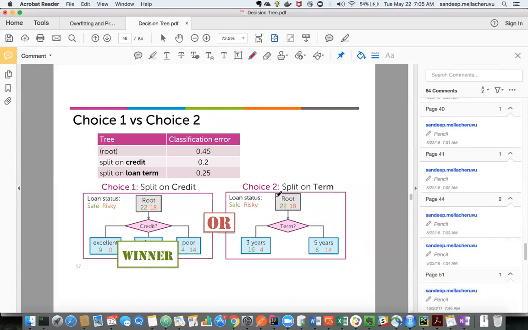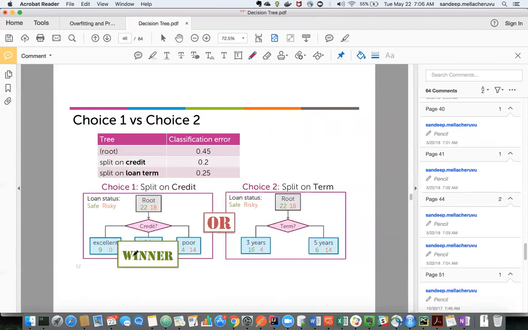Actually we have 3, but in this PPT they gave only 2. The third choice is to split on income. So you split on credit, term, income, find the split on which you get the best classification error, declare it the winner, and continue splitting on that branch or that feature. Okay.